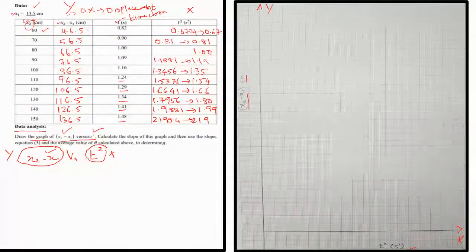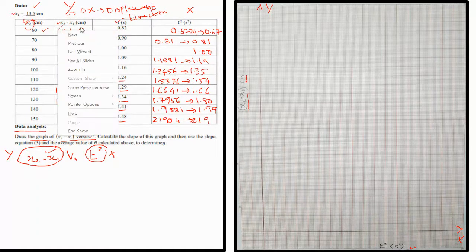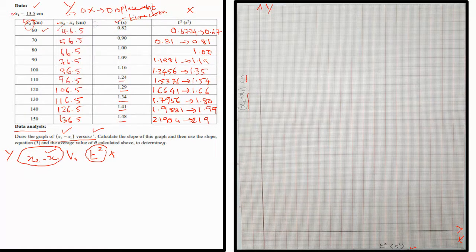Now you can see the y-axis values. What value do we start from? It starts from 46.5 to 136.5. When you draw the graph, make your graph a little bit bigger in size. Don't draw a small graph.